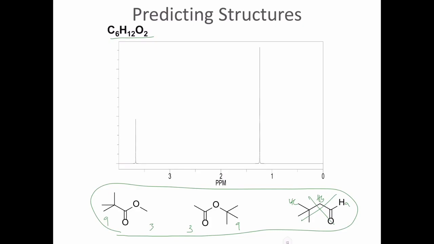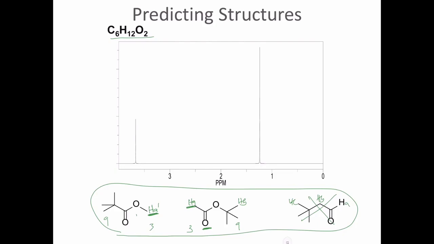The only difference we can see here is that this proton, let's call this HA, and this one's HB. The HA is connected to a carbonyl, while here, let's call that HA prime. HA prime is connected to an oxygen.